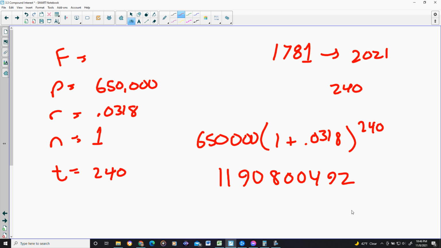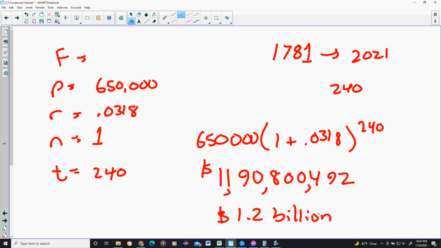And then there's some decimals after that, but at this point, who cares about cents? Look at this number. This number is equal to $1.2 billion. If those documents ever come due, the government is going to have to pay this family $1.2 billion. Wowzers.